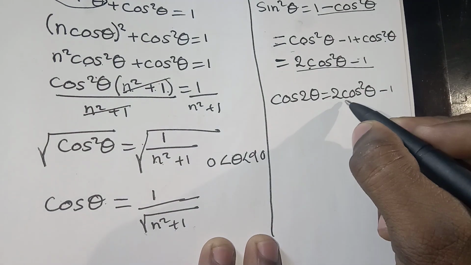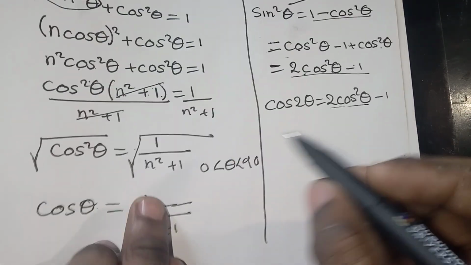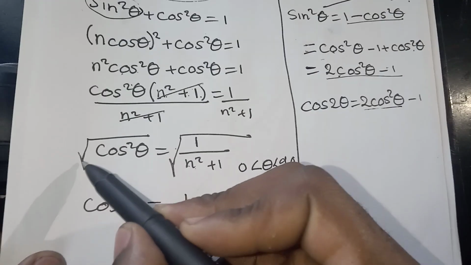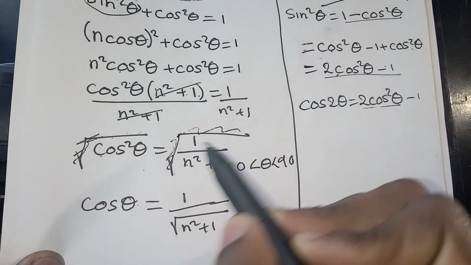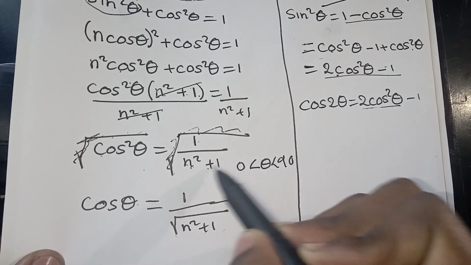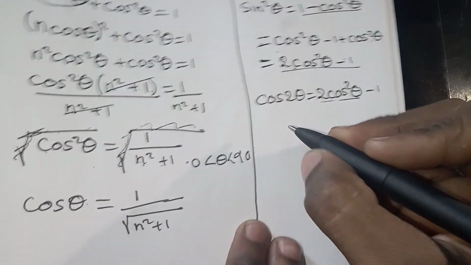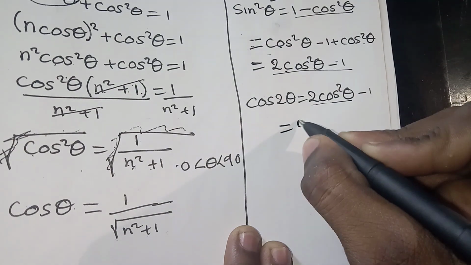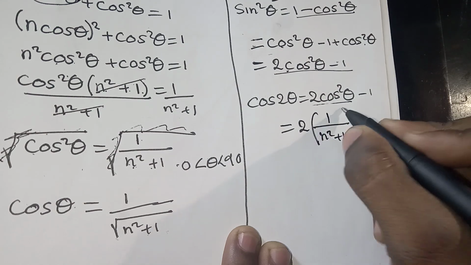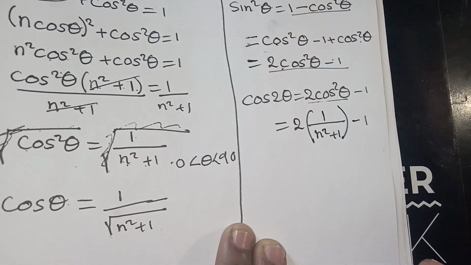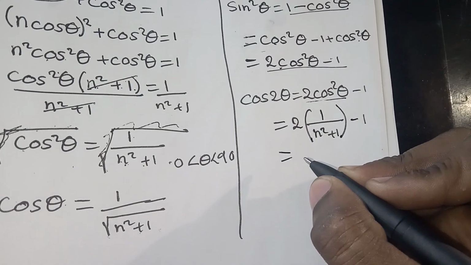So now, where there is this, you can just put this. Remember, without the square roots there, cos squared theta is equal to 1 over n squared plus 1. So where there is this, you can just put 1 over n squared plus 1, then minus 1 like this.